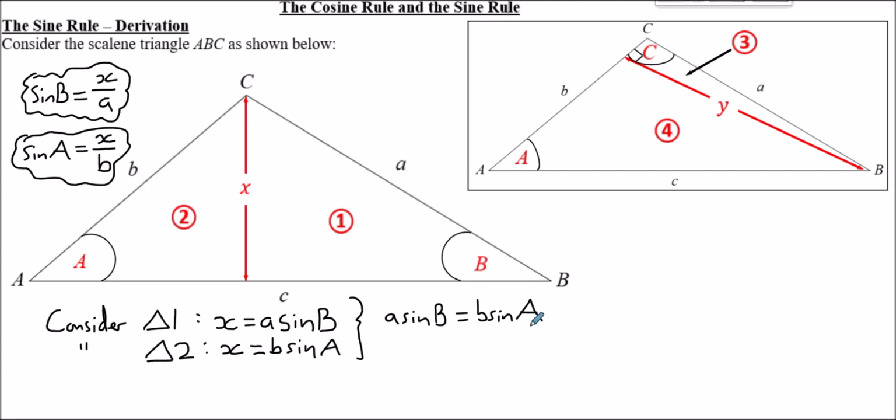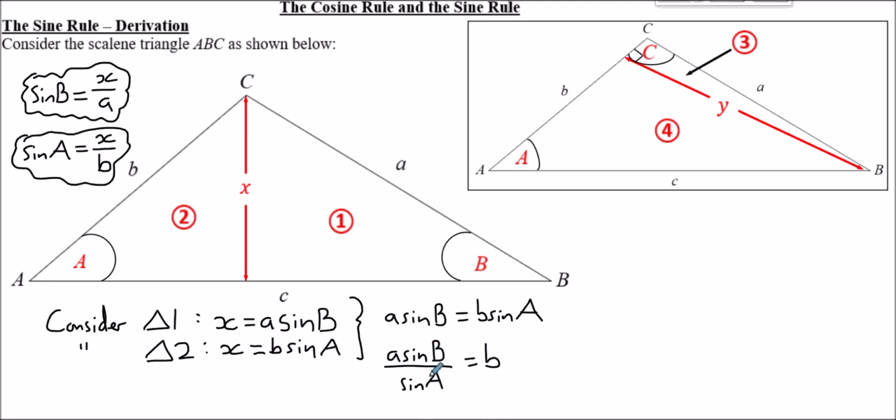So now if we divide through both sides by sine A and sine B, in fact, I'll do it one step at a time just so you can see it. So first of all, if I just divide through everything by sine A, I get a sine B over sine A equals b.